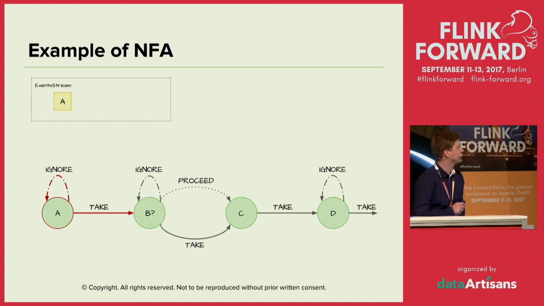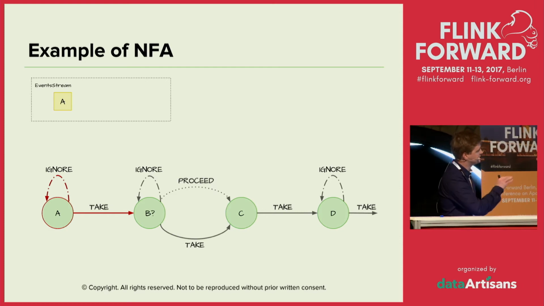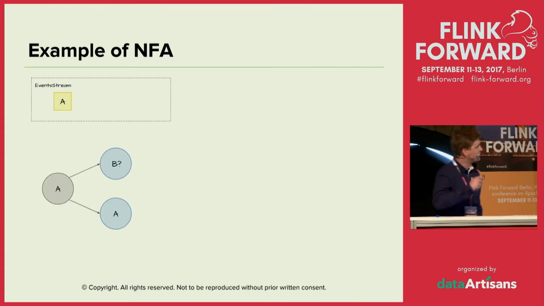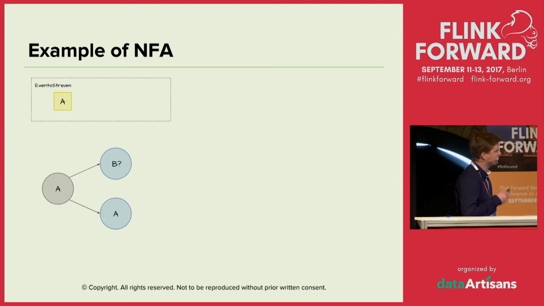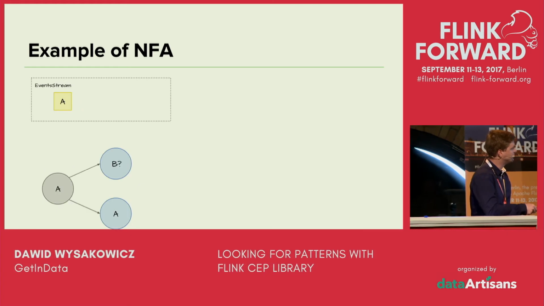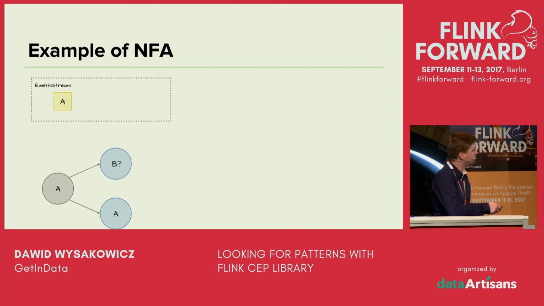I won't go into details of the shared buffer, but the difference is that in the take transition we store the event. Whenever a second event comes, we check it against all new computation states, in this case B and A.